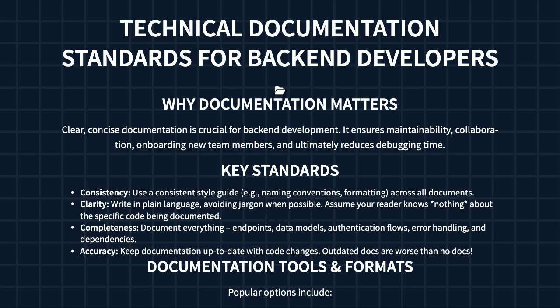And remember, write clearly and simply, assuming your reader knows nothing about the specific code. It's also crucial that documentation is accurate and up to date. Outdated docs are really frustrating. Finally, let's explore some tools. Markdown is great for readmes and API docs. Swagger/OpenAPI is fantastic for REST API, and JSDoc or Doxygen work well for various languages. Documenting effectively truly does pay off in the long run.